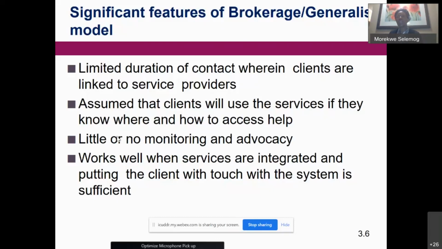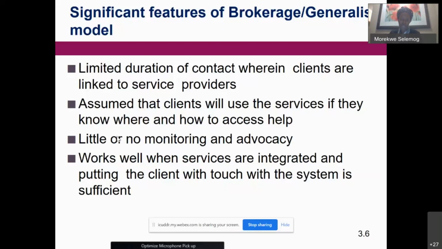This particular model works quite well when there is integration of services. And it will be just putting the client in touch with the system, and that will be sufficient. So you can see that when you think about linking a client with services and they are not integrated, we go back to that discussion where the services are very fragmented. If you have a program and in that program you don't have integrated services, a physician is somewhere else, a psychiatrist is somewhere else, it will definitely come back to what we discussed yesterday about a client being very frustrated about fragmented services.